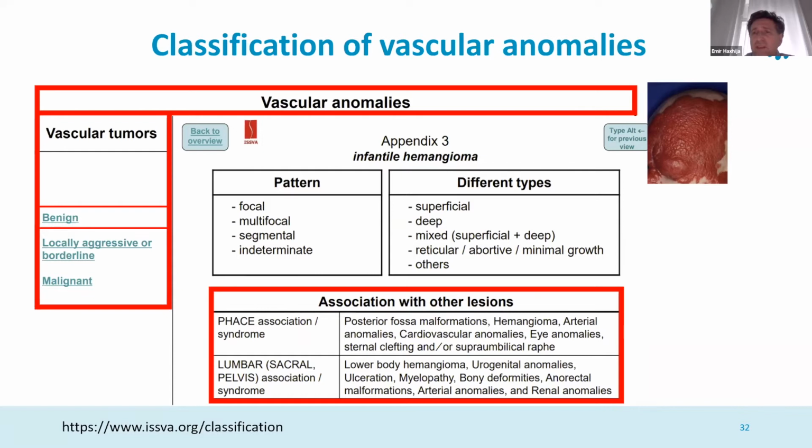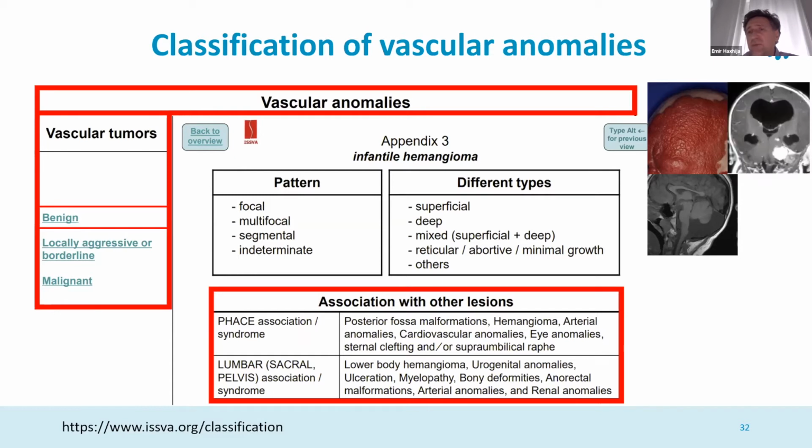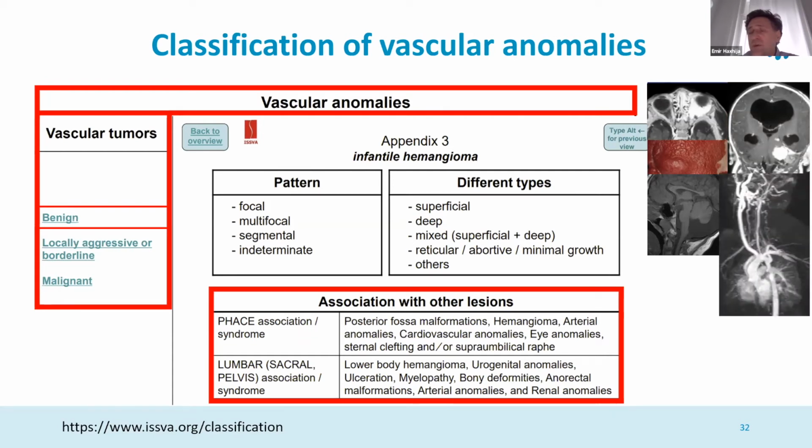One is called PHACE association. It is an infantile segmental hemangioma of the head, taking 1, 2, or 3 dermatomes, and then it can be associated with various intracerebral anomalies, like here, Arnold-Chiari malformation, or intracerebral hemangioma making a hydrocephalus, or intraorbital periocular hemangioma, or very commonly, you see anomalies of the supra-aortic vessels or the coarctation of the aorta.